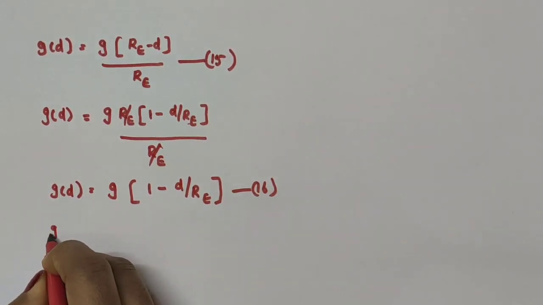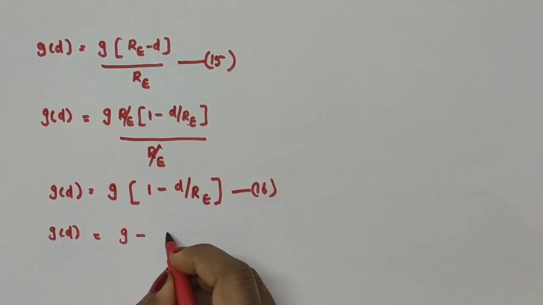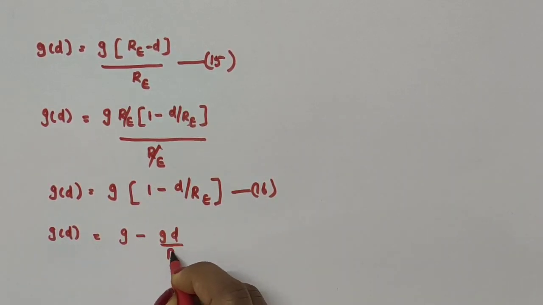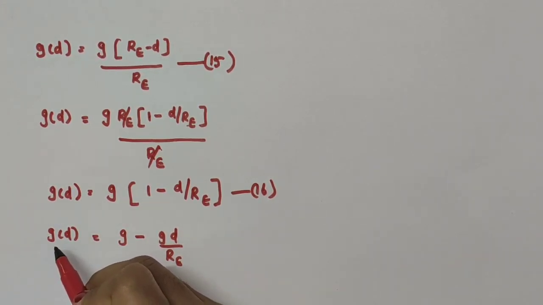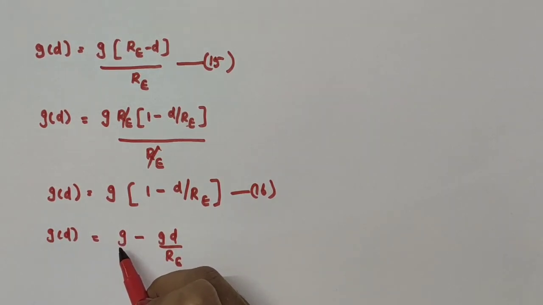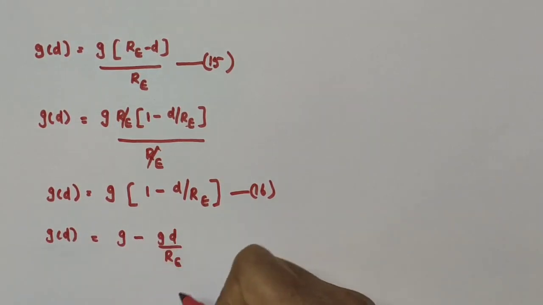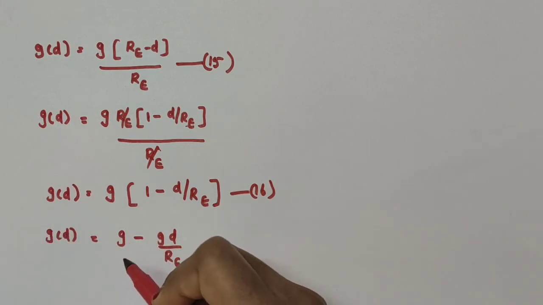Or this can be written as g of d is equal to g minus g into d by Re. Here also you see the acceleration due to gravity at a depth d is equal to the acceleration due to gravity on the surface of the earth minus this value. So g of d is obviously less than this g value.